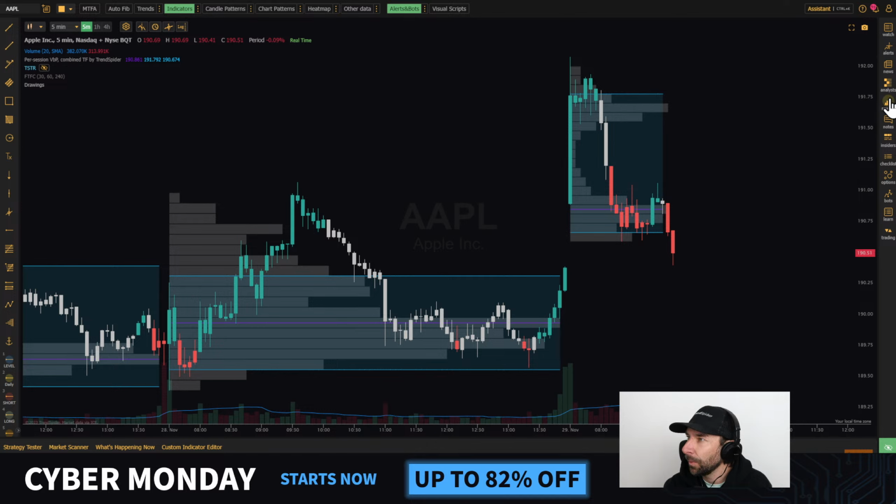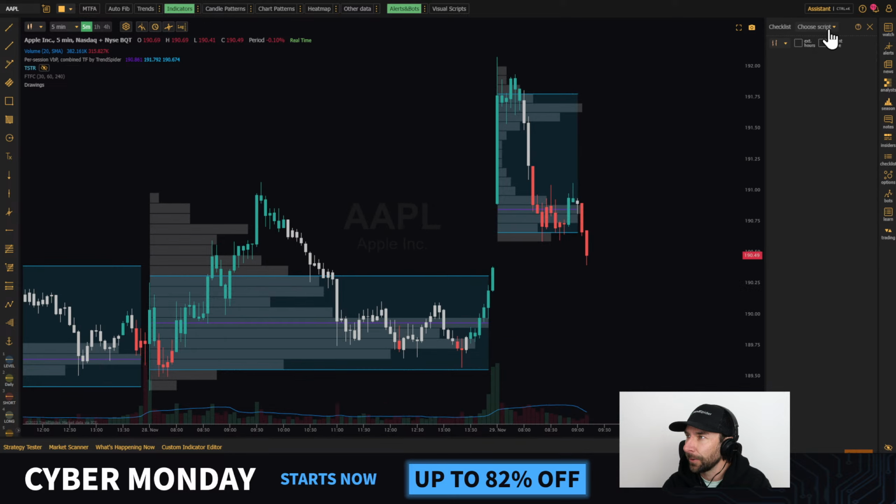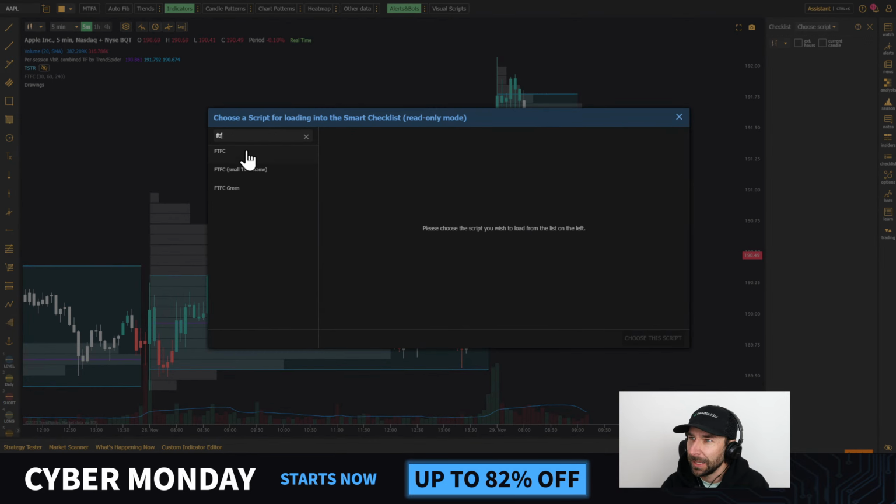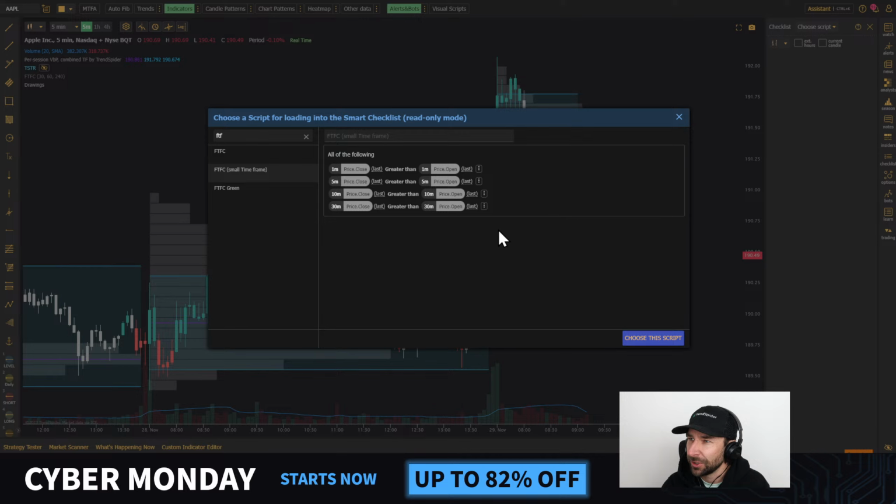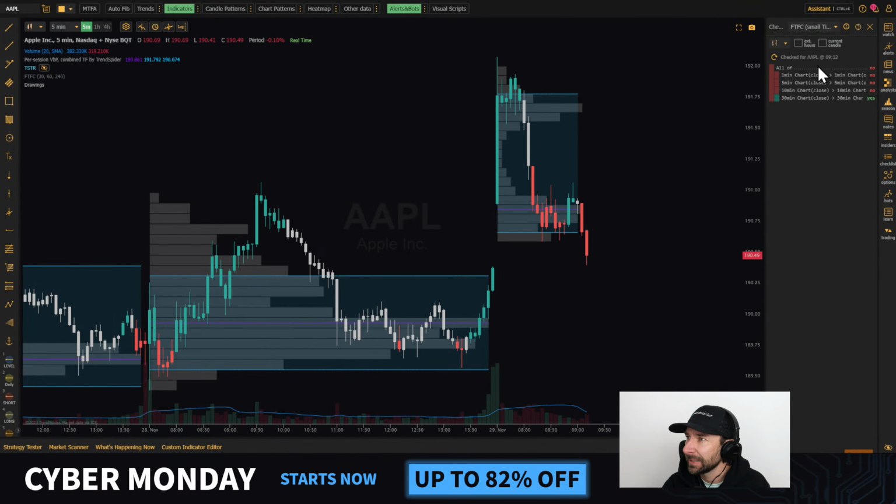And before, the best way that we could do this was with the checklist. I don't know if you ever played around with full time frame continuity with just the smart checklist. This was a way of seeing full time frame continuity directly within the checklist. You could define whatever you wanted to define. In this case, this is small time frame.